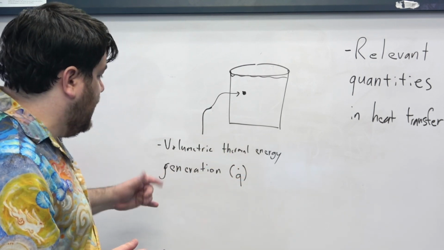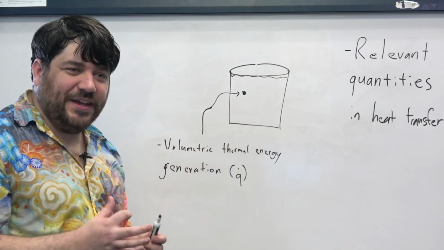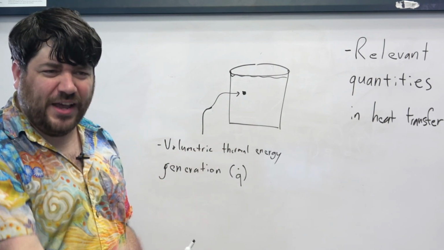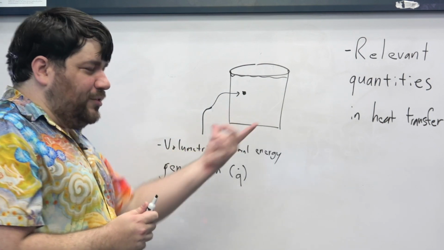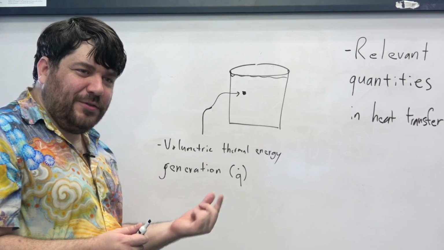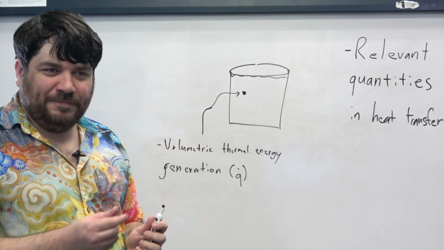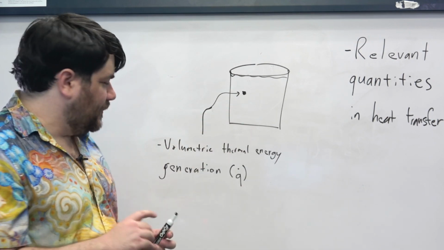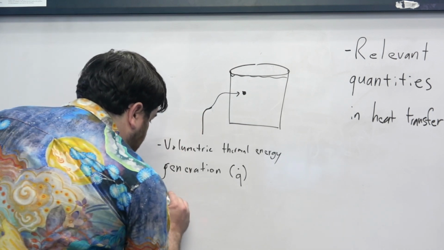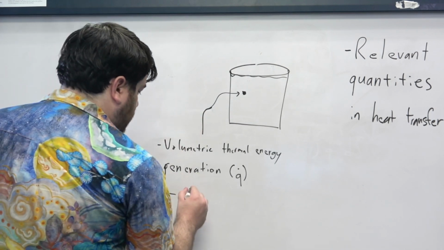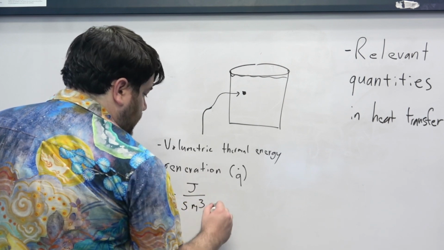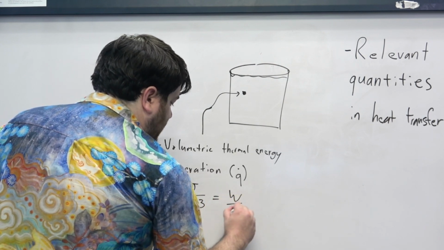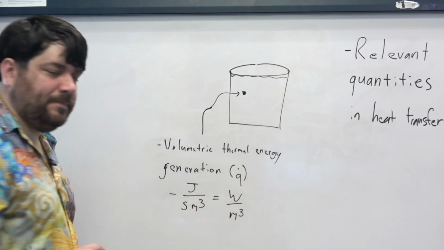And so, again, this is basically an energy generation, so how much energy I'm creating per time, and then bringing it down to a point, so I'm dividing it by a volume. And so this quantity here has units of joules per second meter cubed, or just watts per meter cubed.